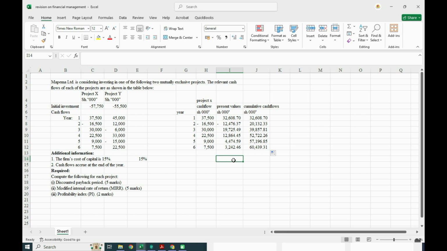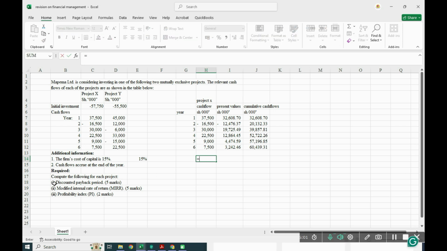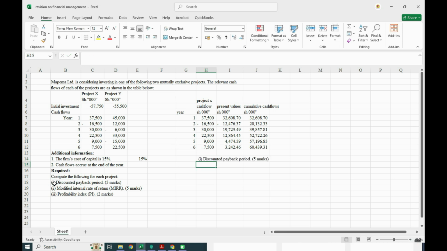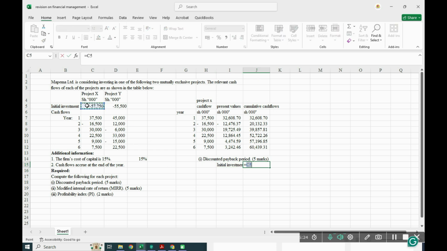Remember, for the payback period, that is what we need to answer for Roman 1, the discounted payback period, and for it we are using the cumulative cash flow that is already discounted. Our initial investment in this case is 57.